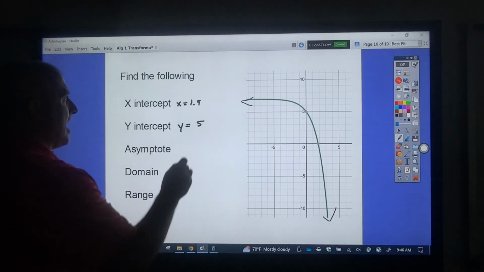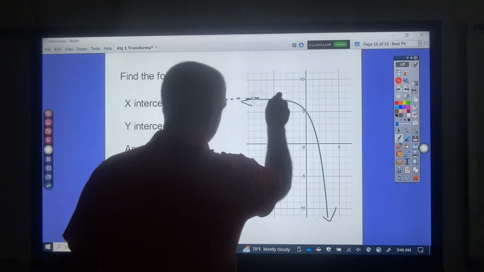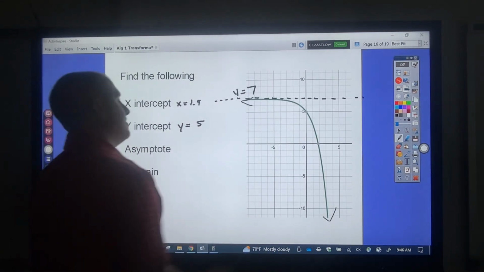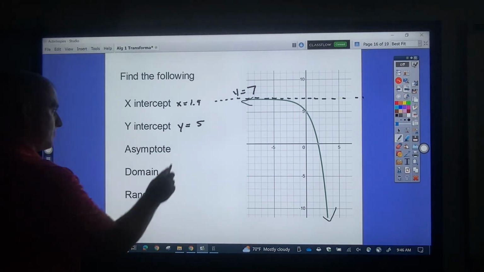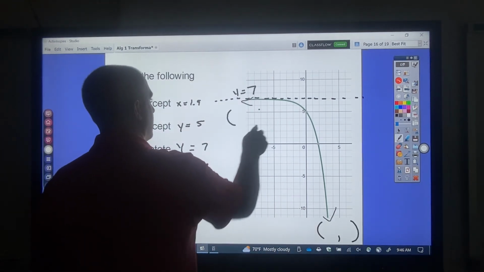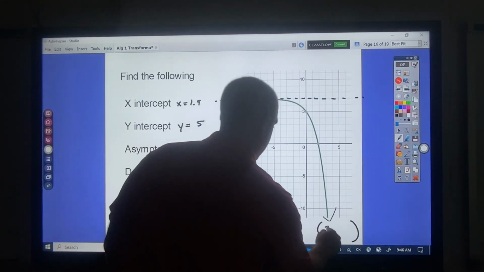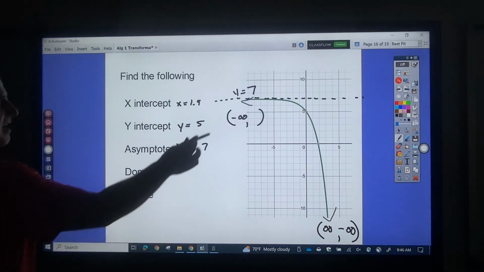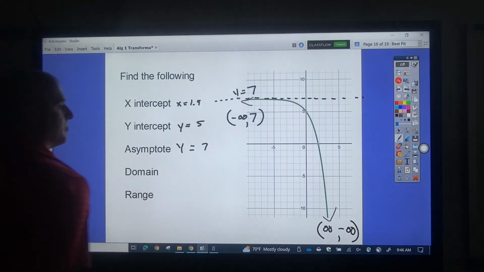Okay? All right, now, I want to figure out where this asymptote is. This is leveling off at y equals 7. Okay? So y equals 7 is that. All right? Left arrow, right arrow. This arrow is going down now. Now, this arrow is getting close to 7, so that's what I would have.